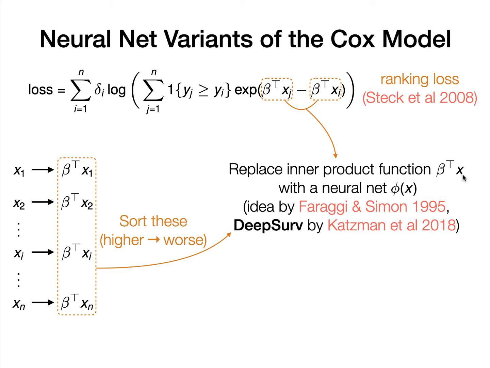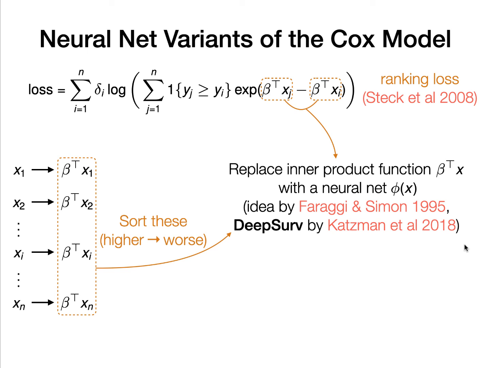Of course, by replacing beta transpose x with a neural net, you can use something much fancier than just a linear layer. For example, you can use a multi-layer perceptron, or if you have image structure in your data, you can use a convnet and so forth. The basic idea for doing this replacement is from the 90s, but there's a recent implementation called DeepSurv that has become quite popular.